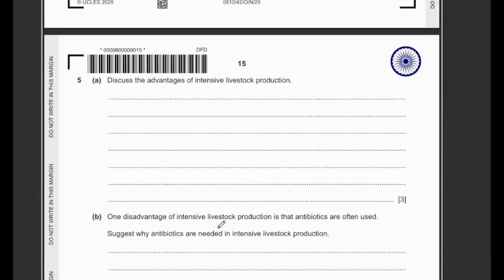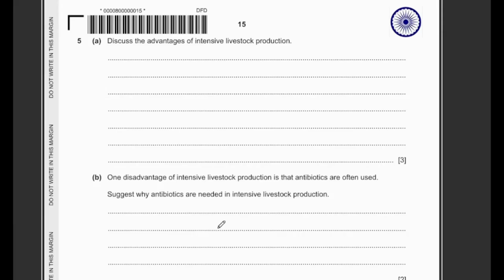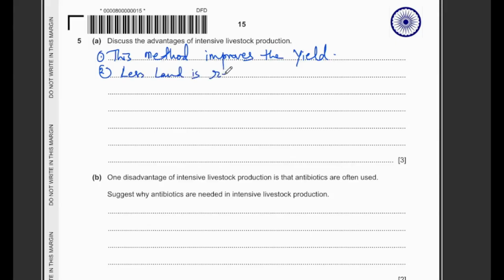So discuss the advantage of intensive livestock production. What is livestock? Animals. Intensive production means that. So the advantage is this method improves the yield. Second point, less land is required for such production.